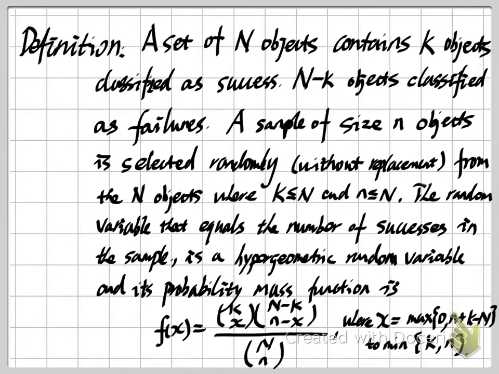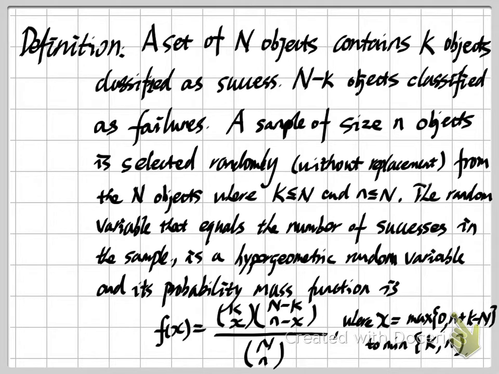Now, based on this statement, of course, k and small n should be smaller than or equal to capital N. And in this setup, we define a random variable x equal to the number of successful items in our sample. We call this a hypergeometric random variable.